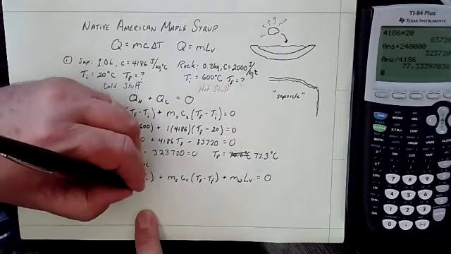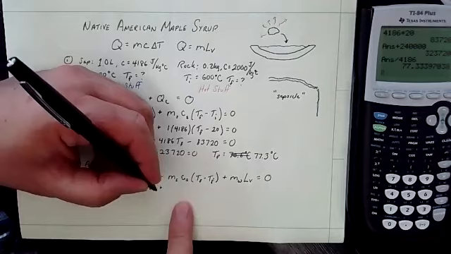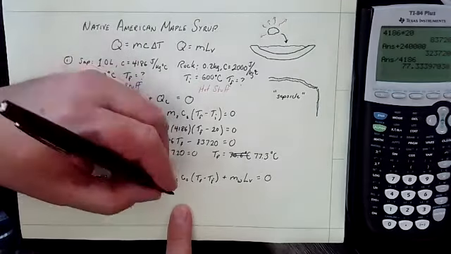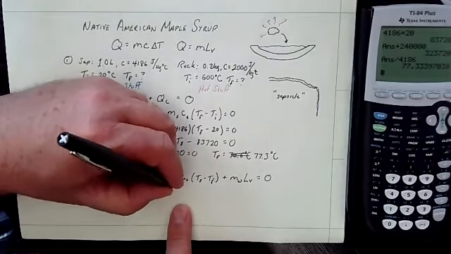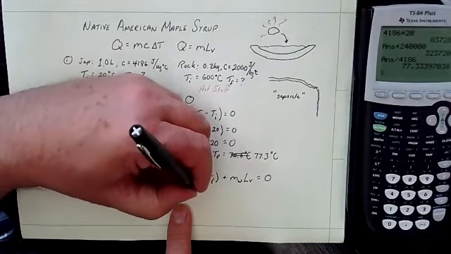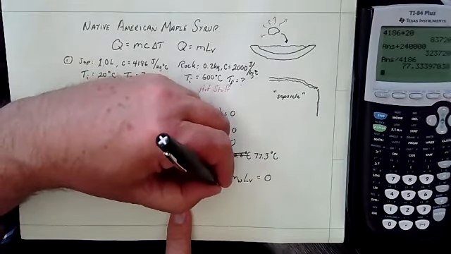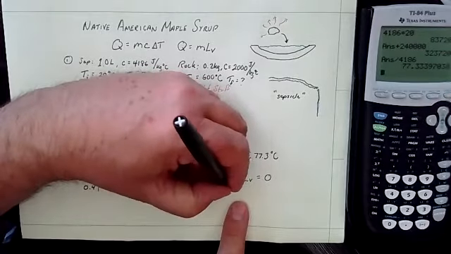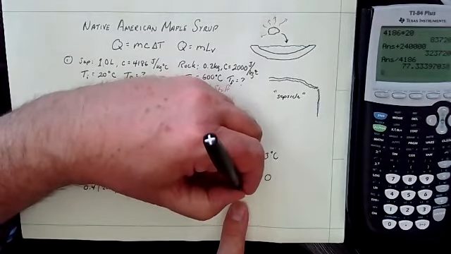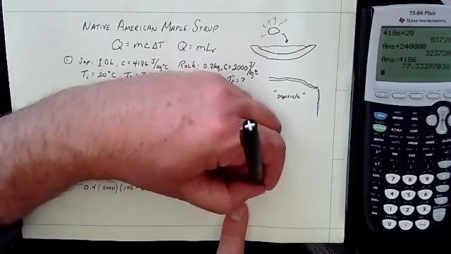And the initial temperature of the rocks, because they just came out of the fire, is 600. Plus the mass of the syrup, which is 1, times 4186 times the final temperature, 100 minus 20, plus the mass of the water that's going to evaporate times 2260.